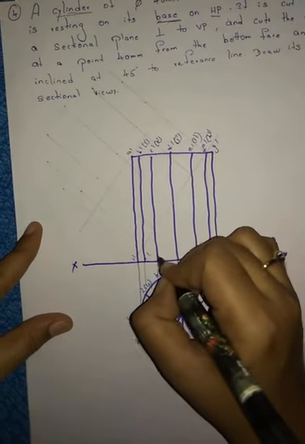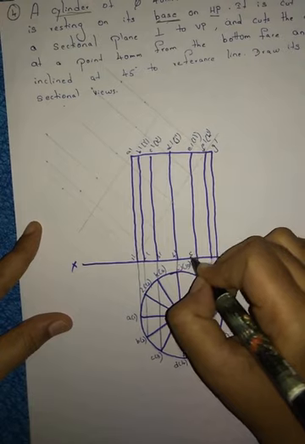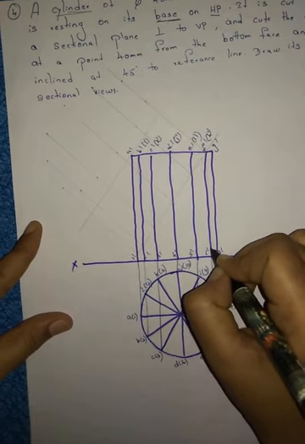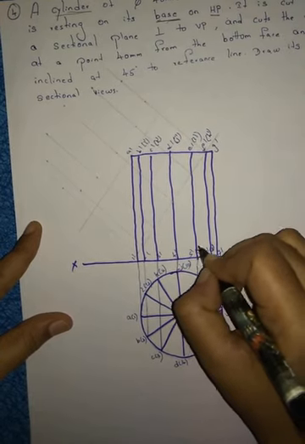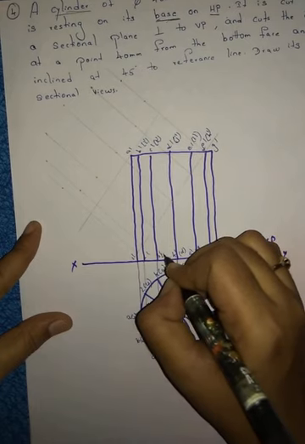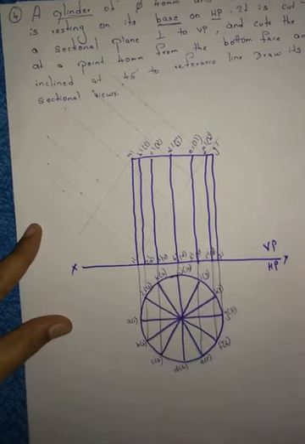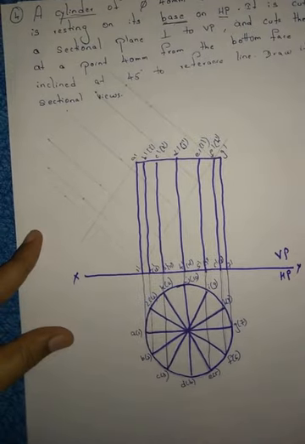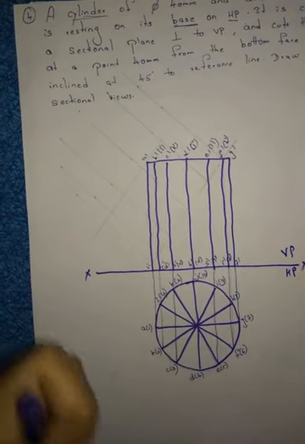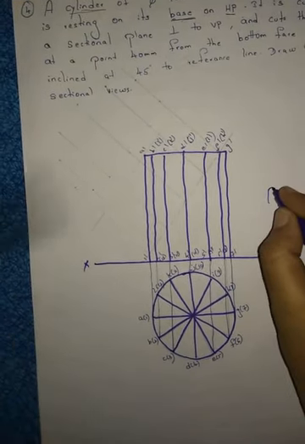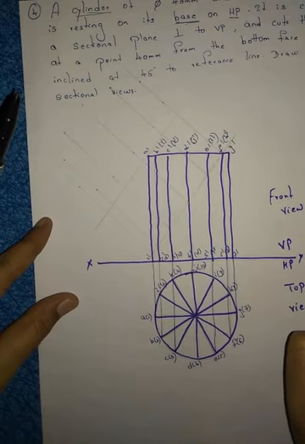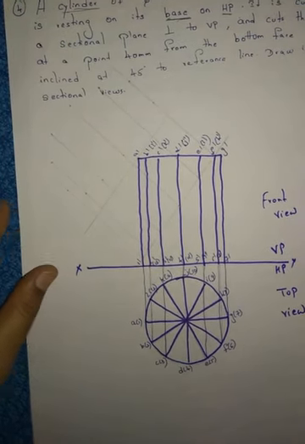And here, right. So after giving points, this is the first part of the question. This is the front view and this is the top view. This is the first part of the question, right?